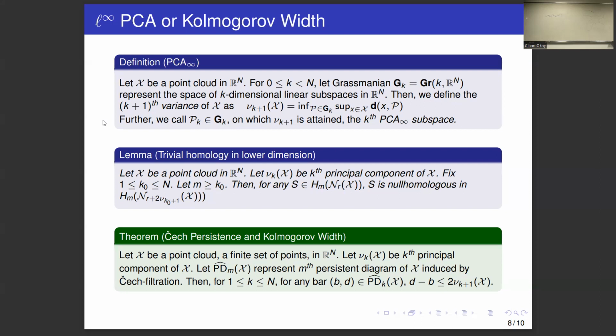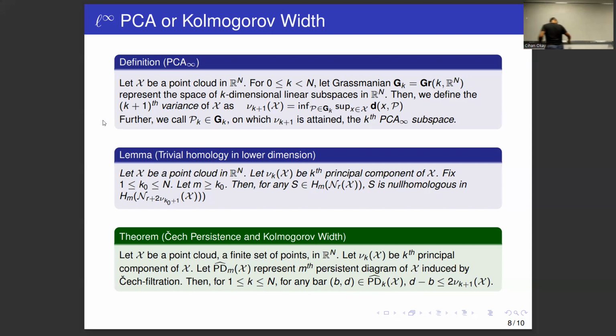Principal component analysis is basically you give me a point cloud, and it looks at the best fitting ellipsoid in the sense that your L2 distances to this ellipsoid are minimized.